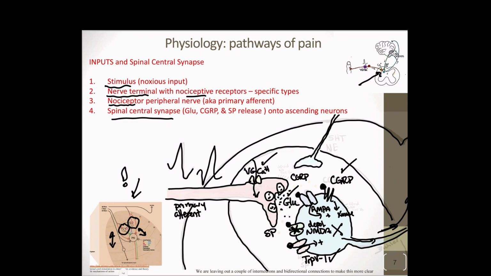So in this case, we're also going to have this descending inhibition that was that serotonin and norepinephrine pathways that are going to be able to come, and they're going to be able to decrease release and decrease activation. So those pathways are going to inhibit transmission. And we've also got opioid receptors on both of these sides, so that opioids, when we give them, can also inhibit transmission.